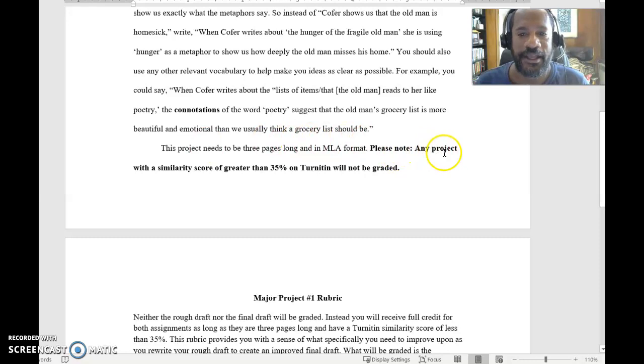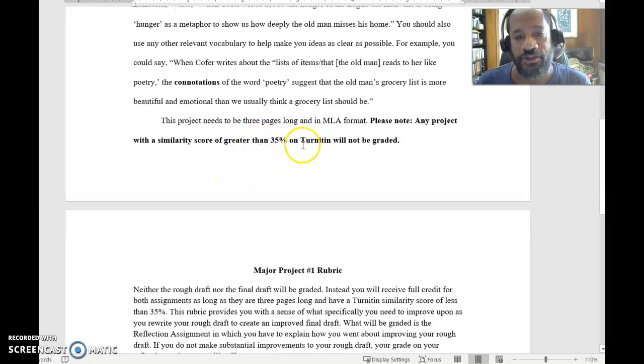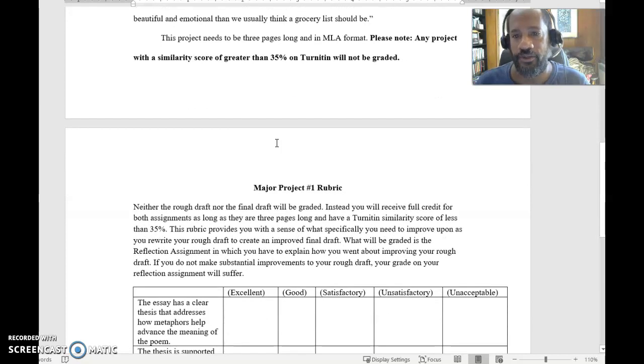As I say here, please note that any project with a similarity score of greater than 35% on Turnitin will not be graded. So whether it's your outline, your rough draft, or your final draft, if it has a score greater than 35% on Turnitin, it will not be graded. On Turnitin, there's a series of numbers over on the right-hand side, and one of those numbers lists how similar your writing is to other writing that it has found, that other students have submitted, or that is on the internet.